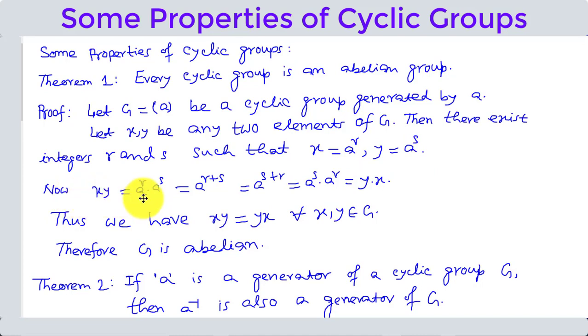Now x into y is equal to a to the power r into a to the power s is equal to a to the power r plus s is equal to a to the power s plus r, because r and s are integers, so r plus s is equal to s plus r by commutativity of Z, is equal to a to the power s into a to the power r, this is equal to y into x. Thus we have x into y is equal to y into x for all x, y belongs to G. Therefore, G is abelian.